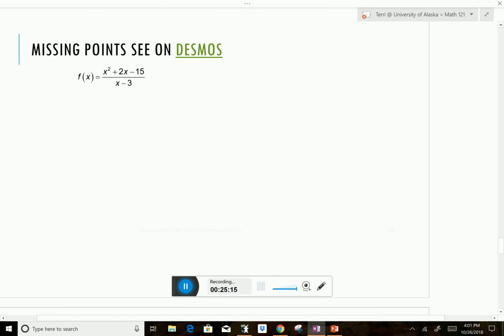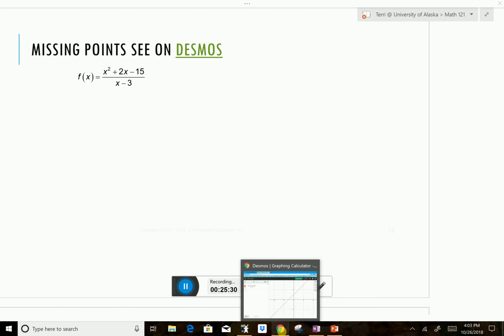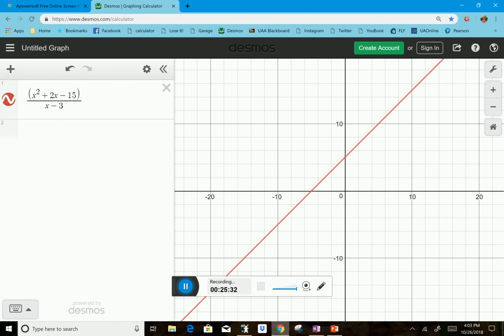So, let's take a look at missing points. Let's look at x squared plus 2x minus 15 over x minus 3. Let's look at that on Desmos and see what it looks like. I've already got it graphed, and you're thinking to yourself, wait, that's a rational function.